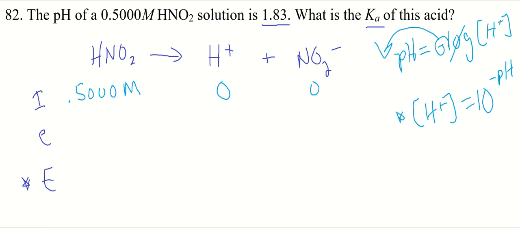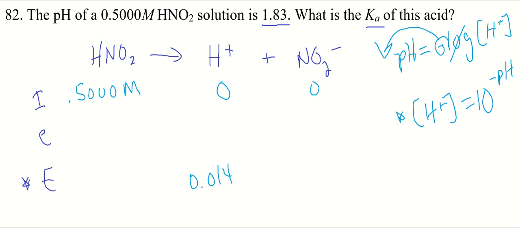All right, so let's take out our calculators, and punch in 10 to the negative 1.83, and the concentration of H⁺ is going to be 0.0148.